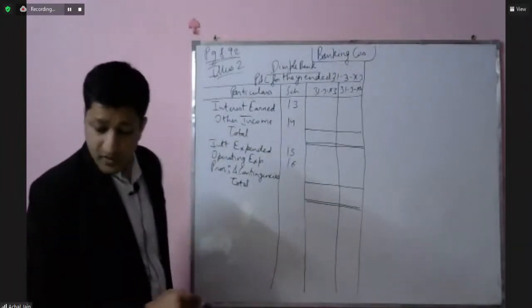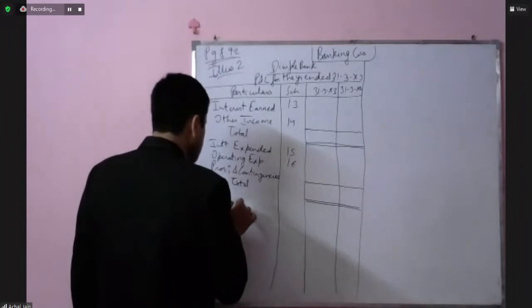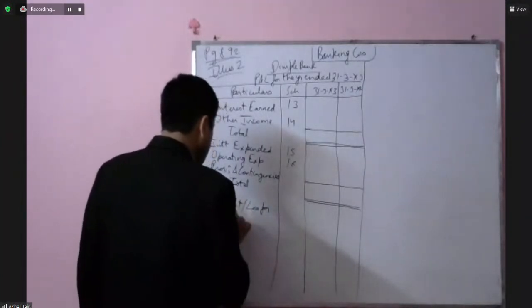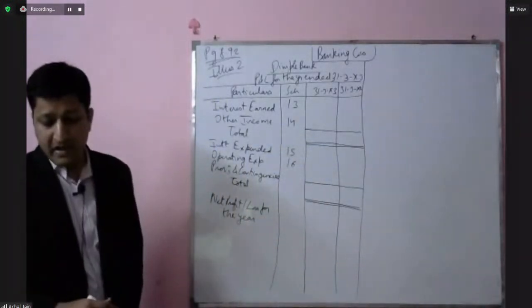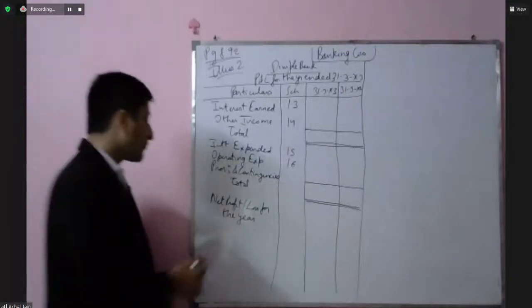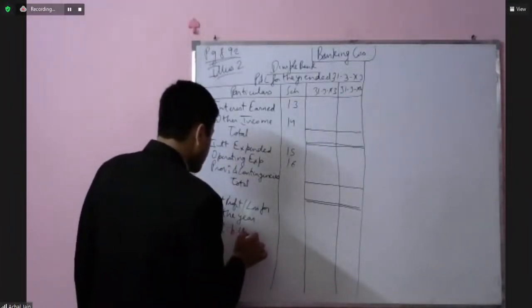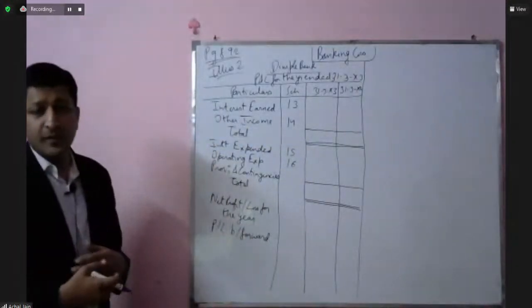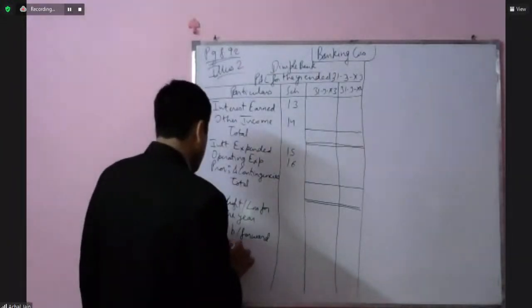So net profit or loss for the year. Then of course we'll have various other items in terms of the profit or loss brought forward, which is brought forward. That is about bringing the opening balance to the current year. And then we have the total.